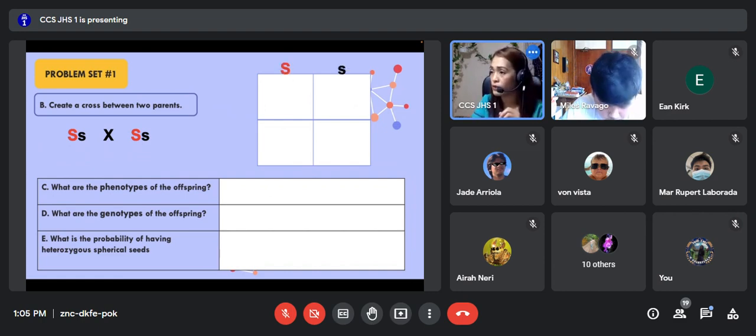One side will be parent one, or the father plant, and the other is for the mother, or parent number two. Now, what do you think is the result on the first quadrant here? We have S capital and S capital. So that's S capital, S capital. By the way, it should be red here.